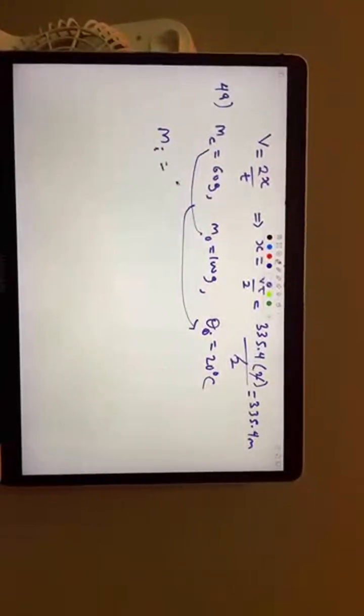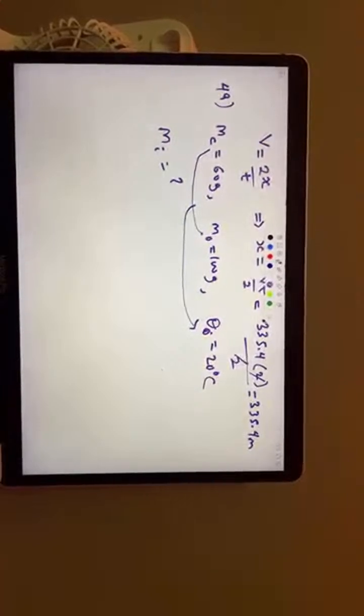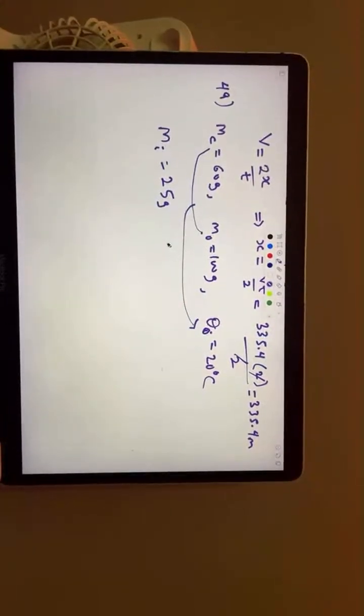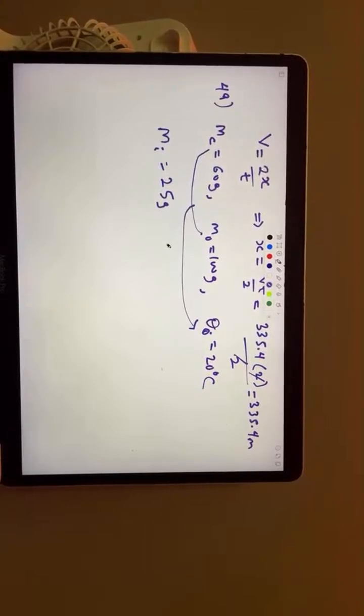Mass of ice, they gave us as 25 grams. Now, if that is the case, then what's the question asking us to do?